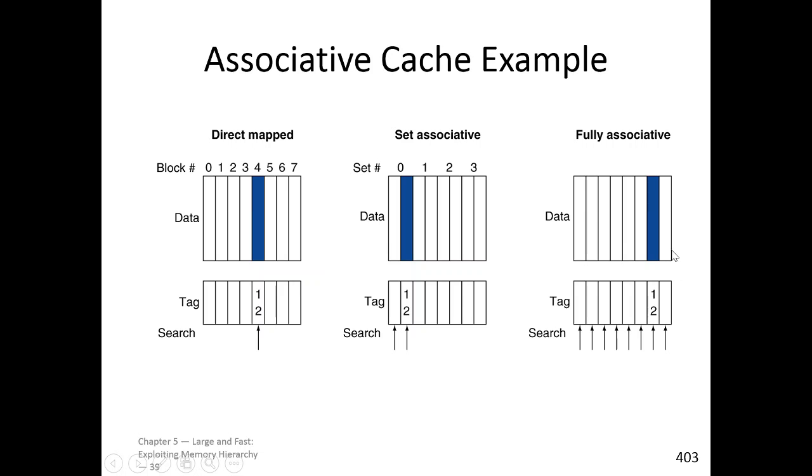Here's fully associative, where there's no direct mapping at all between the data in cache and main memory. The tag here has nothing to do with its relative position in memory. It's just where we decided to write that information in cache.